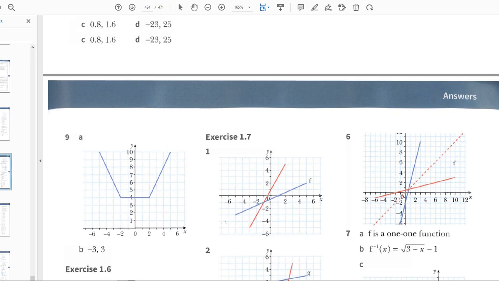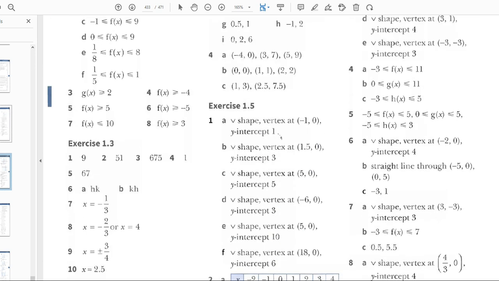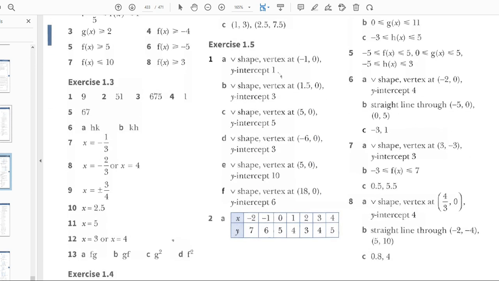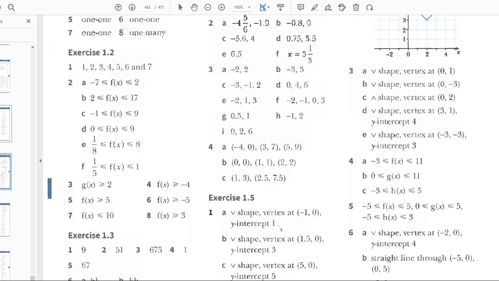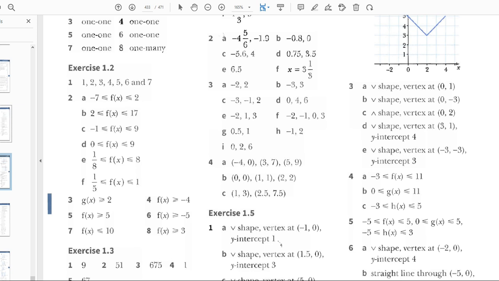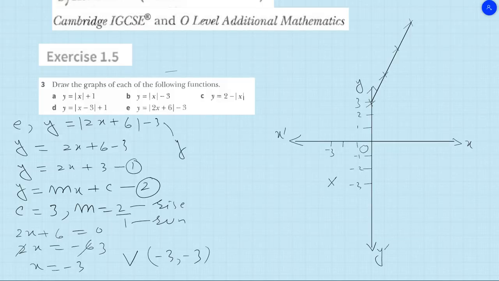Here we go. Exercise 1.5, question number 3. Yes, just checked. V-shaped graph, vertex at (-3, -3), y-intercept 3. So we are doing 100% correct. Vertex is (-3, -3).